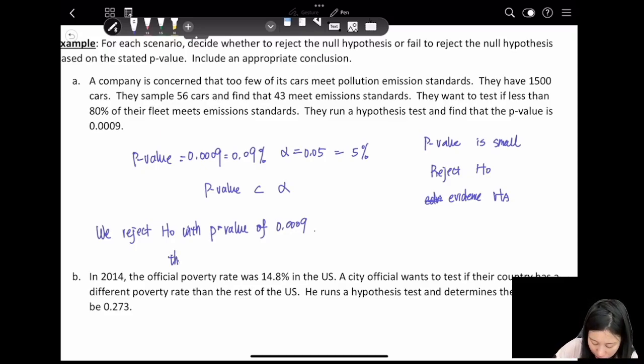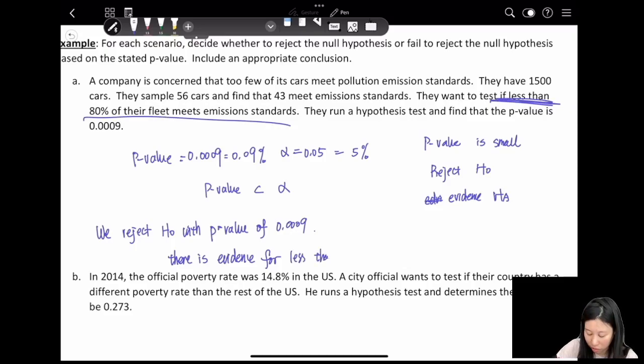And then there is evidence for our alternative hypothesis. What is the alternative hypothesis? That is what we're trying to prove: that less than 80% of their fleet meets emission standards.